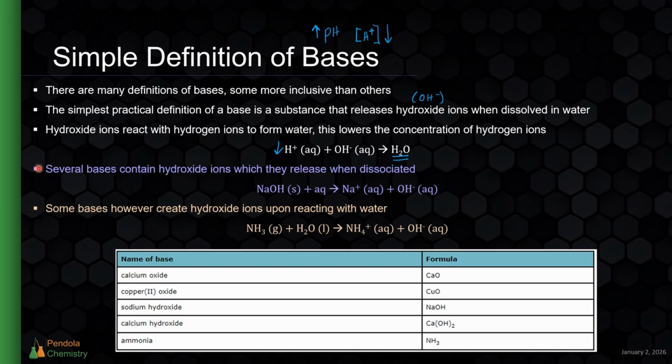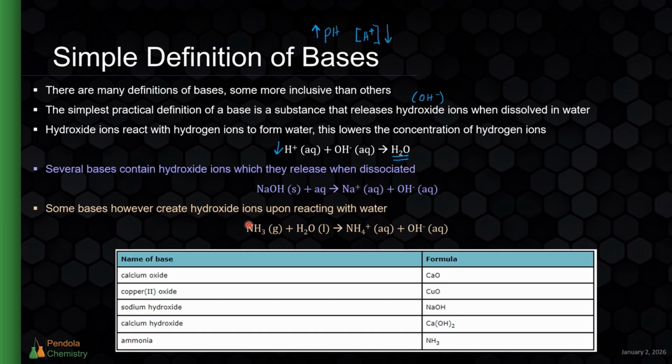However, not all bases have hydroxide in them. Ammonia, for example, is a base. Some bases, instead of creating hydroxide by dissociating and releasing the hydroxide, are going to create hydroxide by the reaction with water. Ammonia is an example of this. Ammonia reacts with water and steals a hydrogen from that water, creating the hydroxide ion.